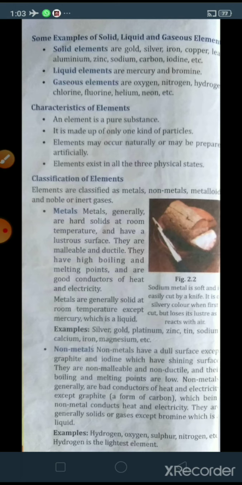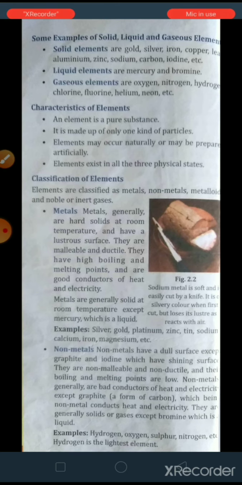Non-metals. The second type of elements is non-metal. Non-metals have a dull surface except graphite and iodine. That means metals are shining, but non-metals are not shining. They have a dull surface. But non-metals like graphite and iodine have a shining surface.